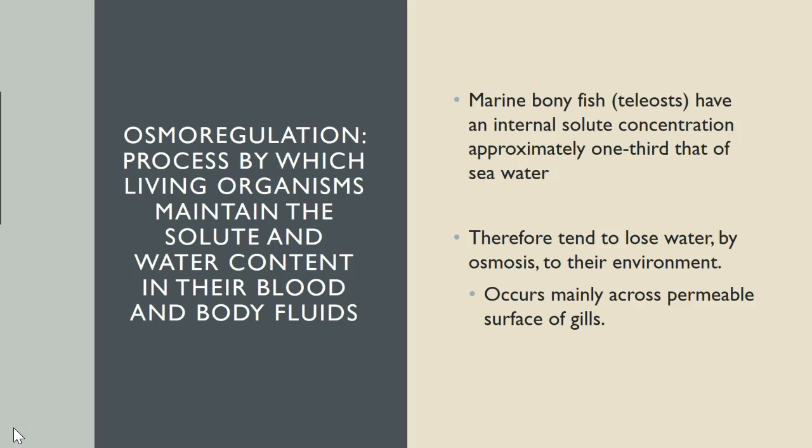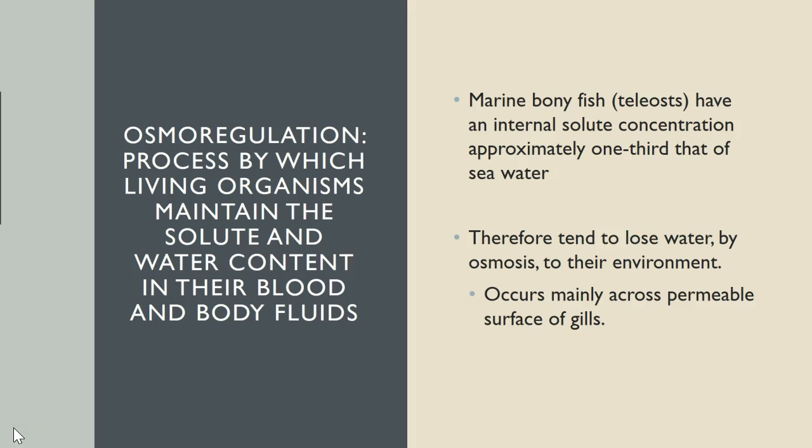So water is drawn out of the body from the gills and skin by osmosis, and salt diffuses into the body from the water. So these fish are constantly losing water from their bodies, which could lead to dehydration. The way they get around this is to constantly drink seawater, which replaces the water that's lost by osmosis. So they actually drink the seawater.